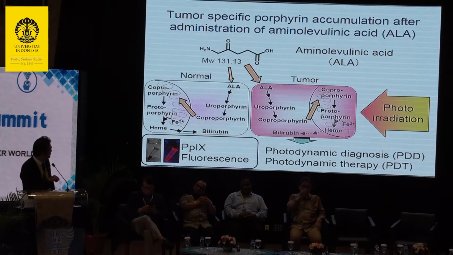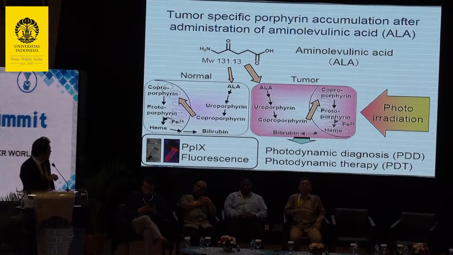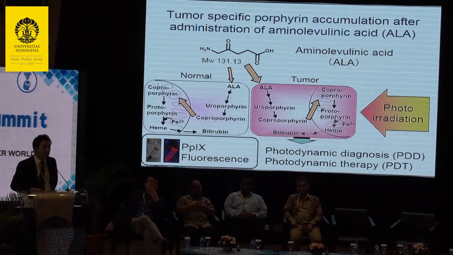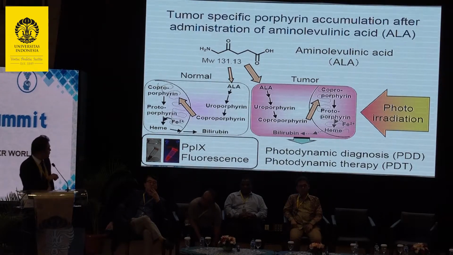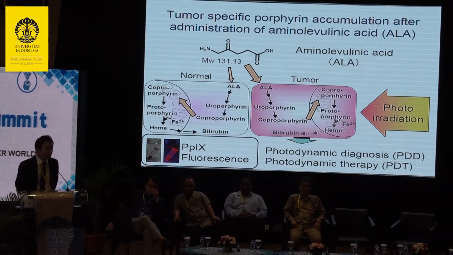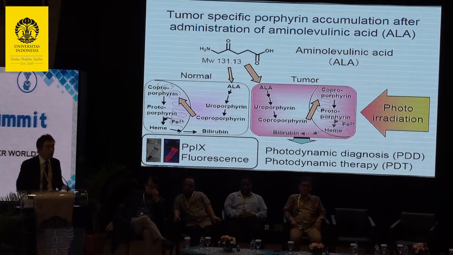And porphyrin has a very unique character. This is the picture of porphyrin, this is the normal picture, and this is the fluorescent mode. Porphyrin is a fluorescent compound, so it can be detected by our eyes.